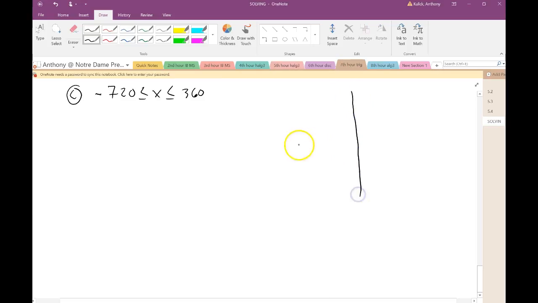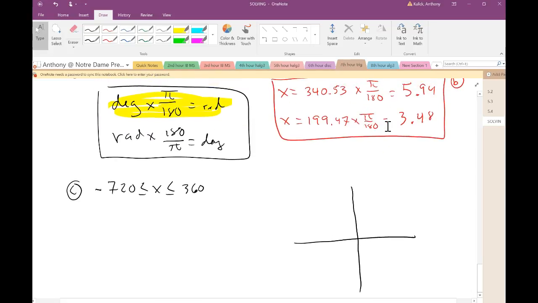So I'm going to just draw a picture that we had from part A. Actually, let's do some colors here.